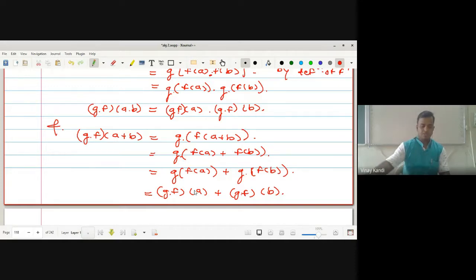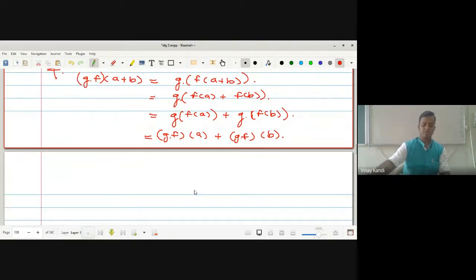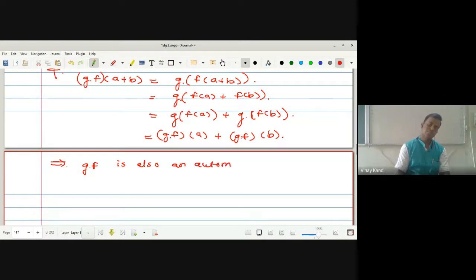So this implies G into F is also an automorphism of capital K.